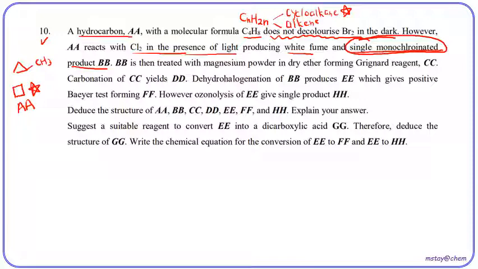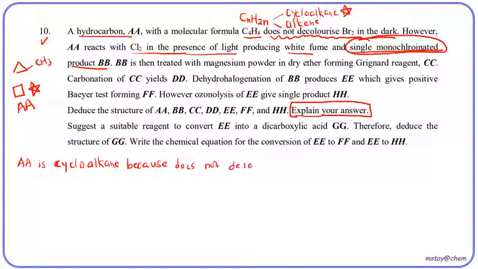Because I already roughly read the question before I started, here we have the part that says explain your answer. So now we start to explain the answer. First we can mention that A is a cycloalkane because, just copying the statement, it does not decolorize bromine in the dark.